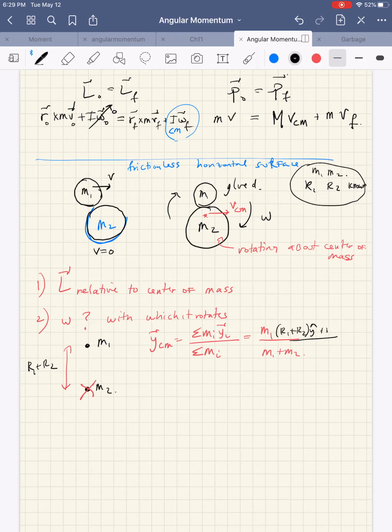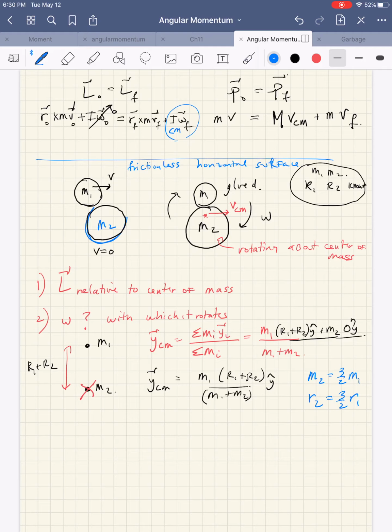And then M2 is actually right at the origin, so it's 0 in the y hat. So the center of mass of the object is going to be M1 times (R1 plus R2) divided by M1 plus M2. Now, for my values, not necessarily yours, M2 was equal to 3/2 M1, and R2 was equal to 3/2 R1.